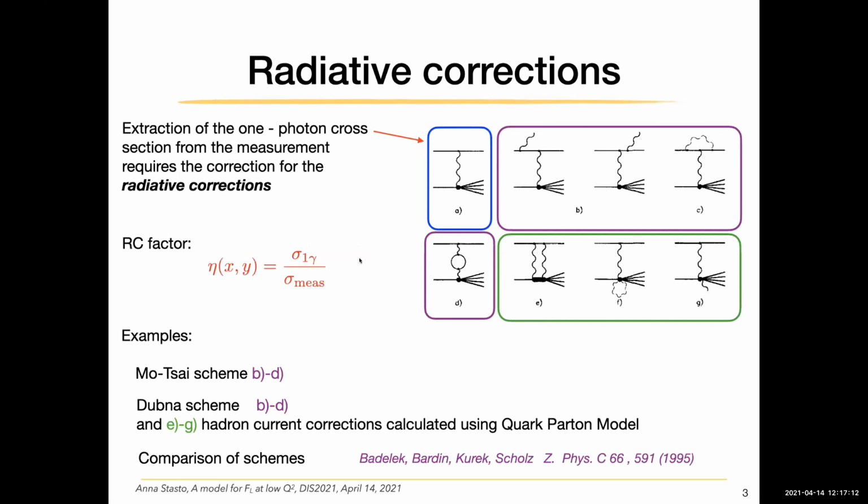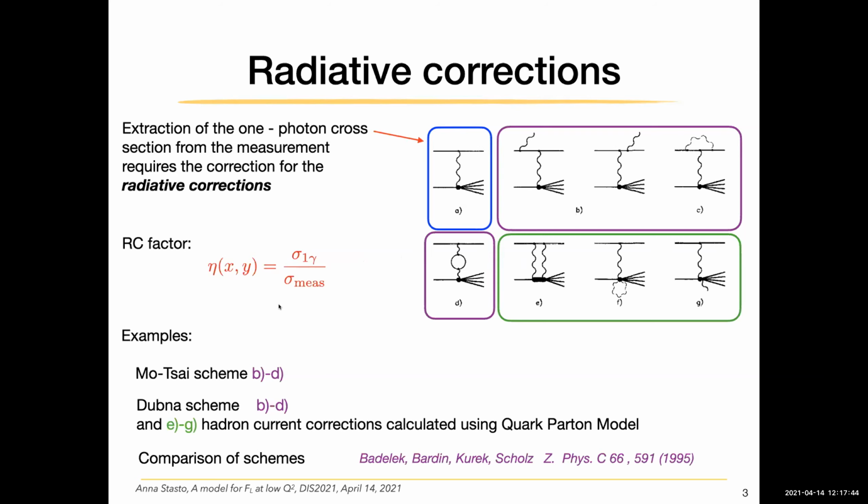As a motivation, what we are interested in is the extraction of the one photon cross section from the measurement, but it requires knowledge of all kinds of radiative corrections, both on the lepton side and on the hadron side. Usually this is taken into account by a radiative correction factor, which is essentially the ratio of the one photon cross section to the measured cross section.